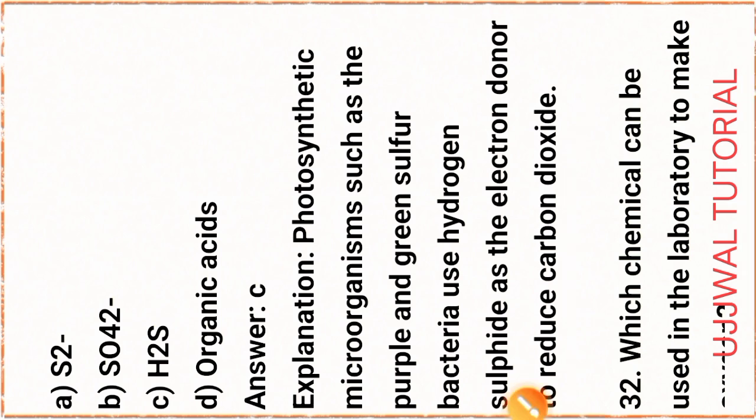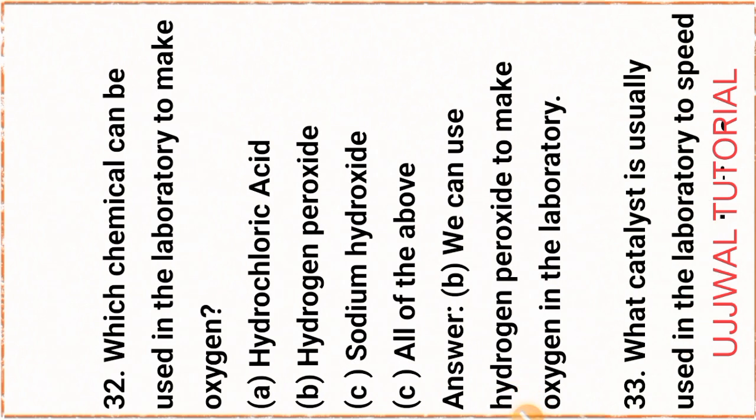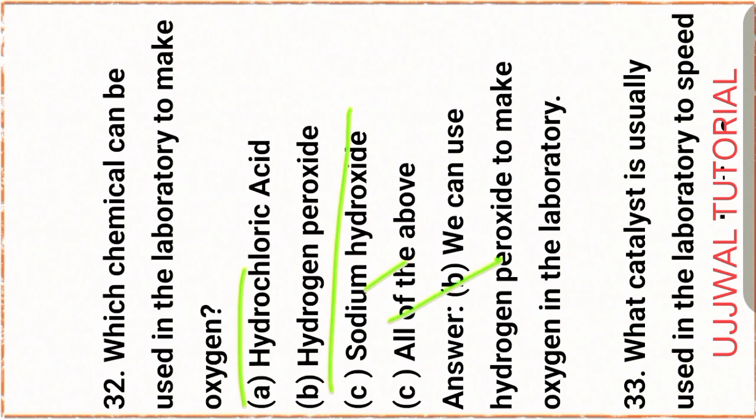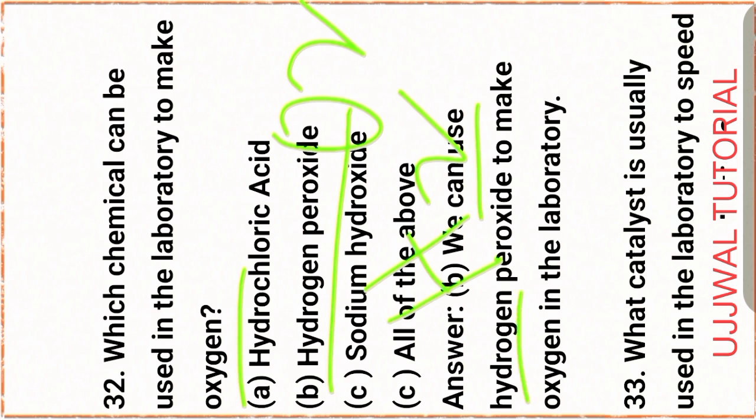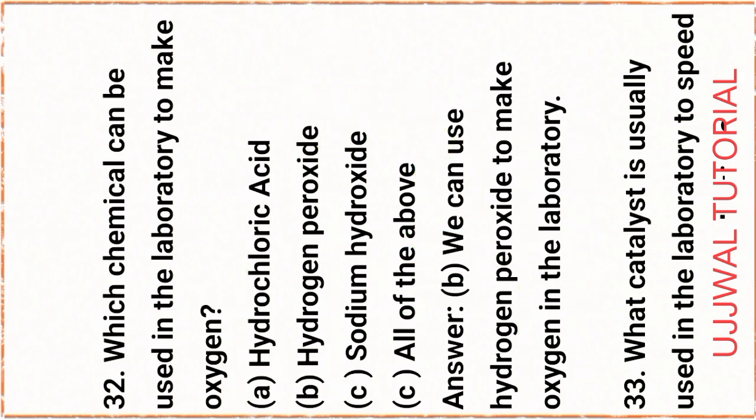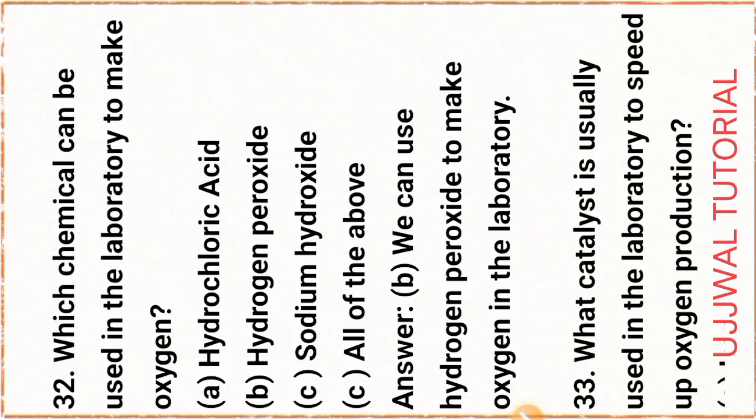Next question, question number 32. Which chemical can be used in the laboratory to make oxygen? Option B, hydrogen peroxide, formula H2O2. You can use hydrogen peroxide to make oxygen in the laboratory. Next question, question number 33.